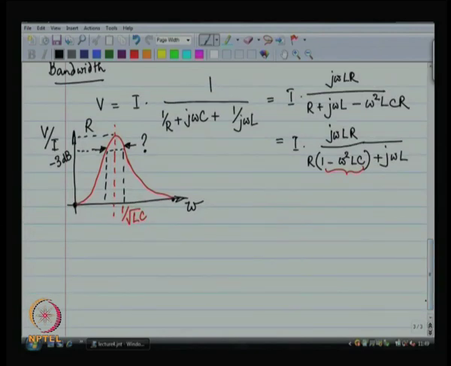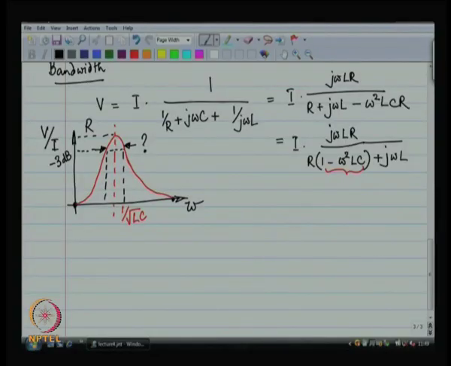So, this is the question, and what one can derive is as follows. You probably have already done this in your control theory or in your earlier circuits classes, so we won't spend too much time. One can show that this bandwidth, let us say this is omega 1 and this is omega 2, omega 2 minus omega 1 is going to be equal to 1 by q times omega naught.